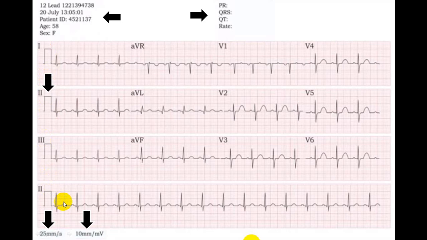At the bottom, it is written 25 millimeter per second and 10 millimeter for 1 millivolt. So this is a properly taken ECG. It is a 3-lead ECG with more than 3 complexes, and there is one long rhythm strip.